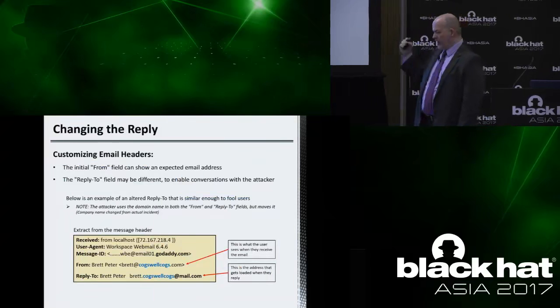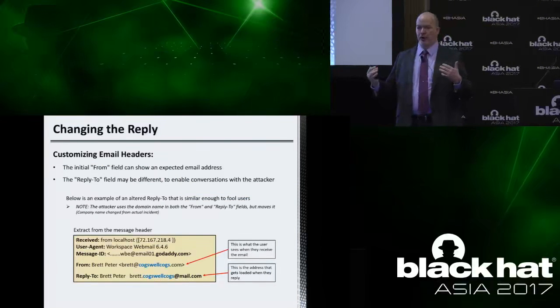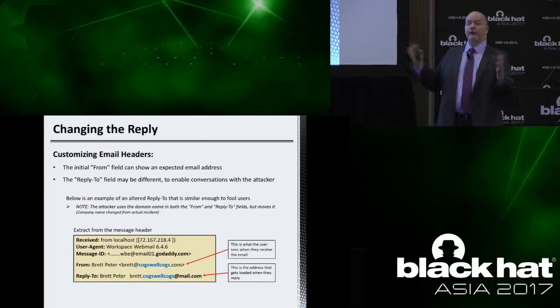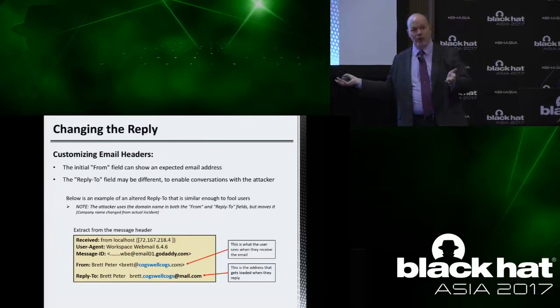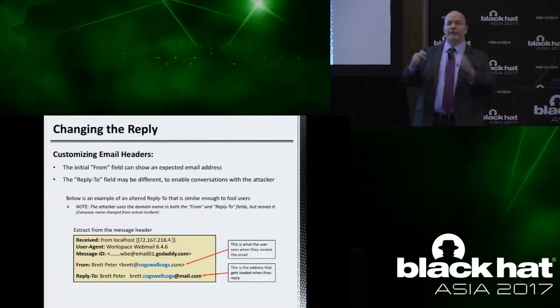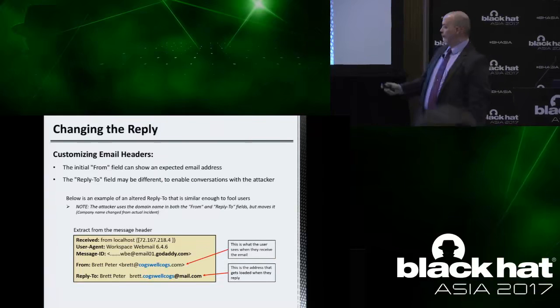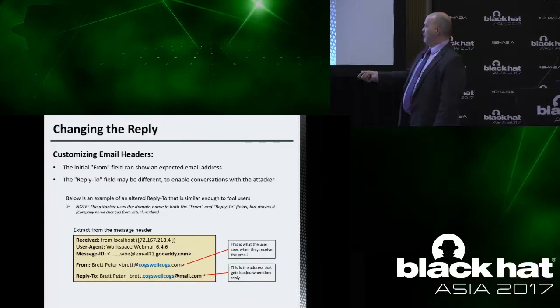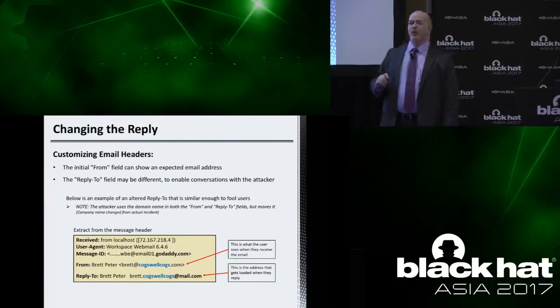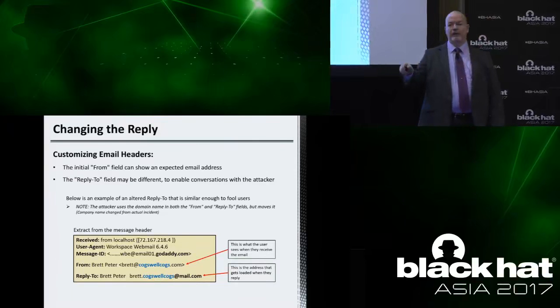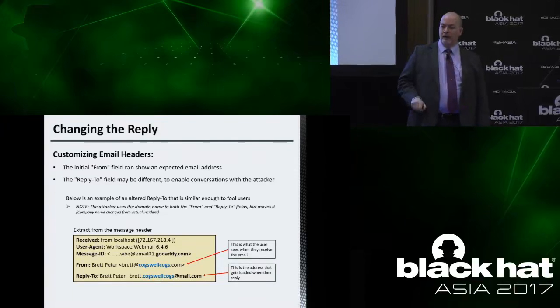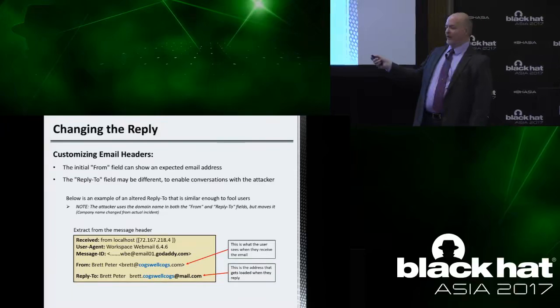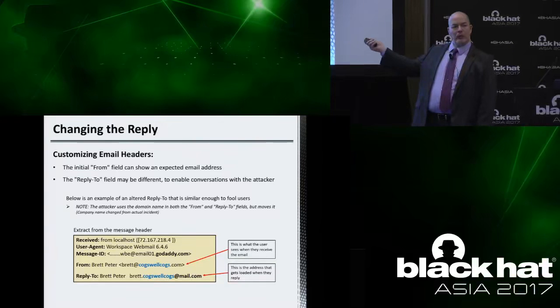So in the email header structure, there's a field for to, like who's this email going to? There's like who is this email coming from? There's a from field, but there's also a field called reply to. And reply to will override the from field if it's in the header. So that's why you can have an email that looks like it's from one person.